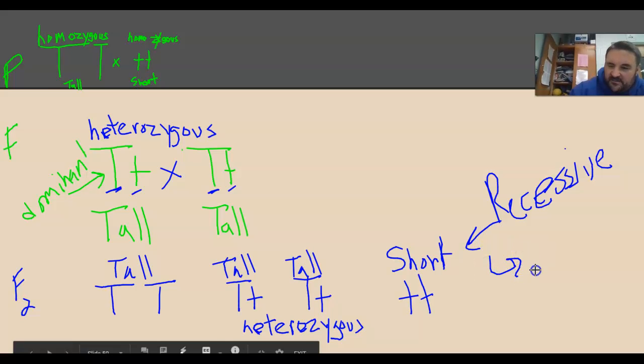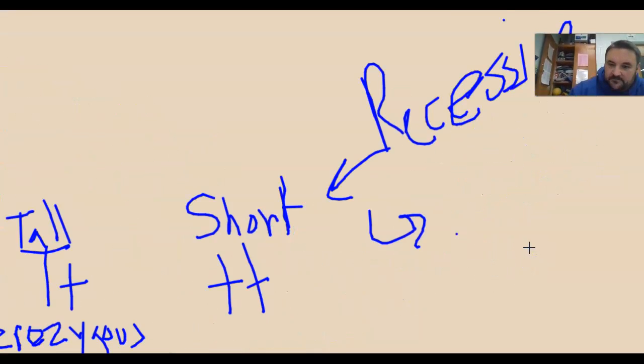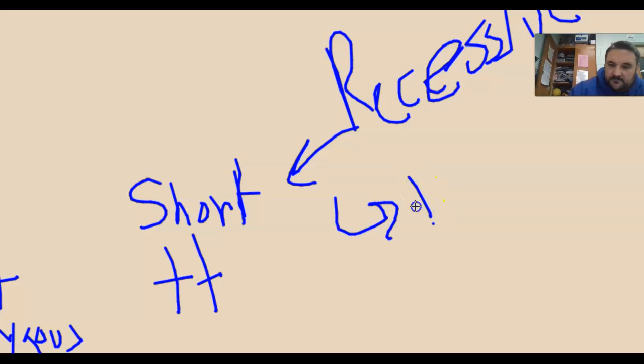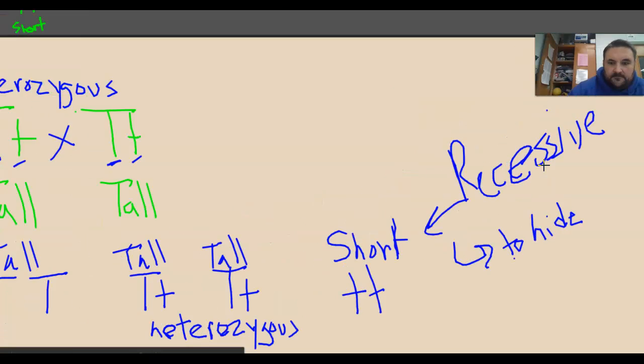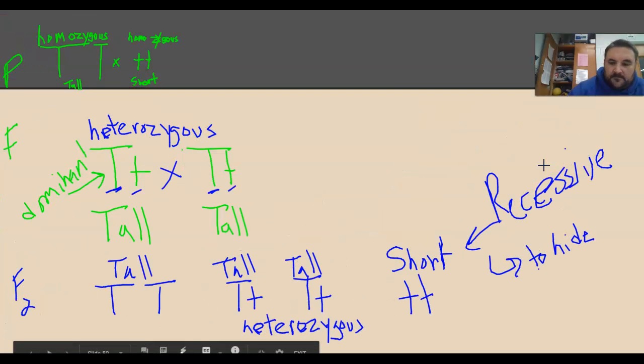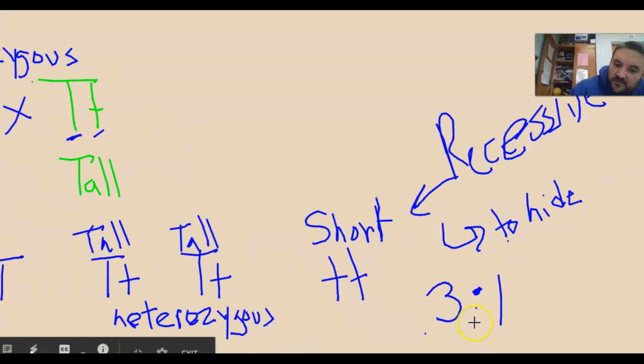Recessive means to hide. In fact, Mendel found out that most of the time you have a 3 to 1 ratio, dominant to recessive.